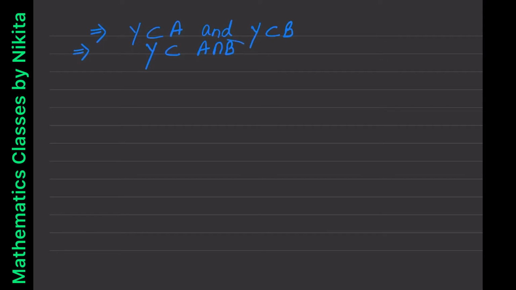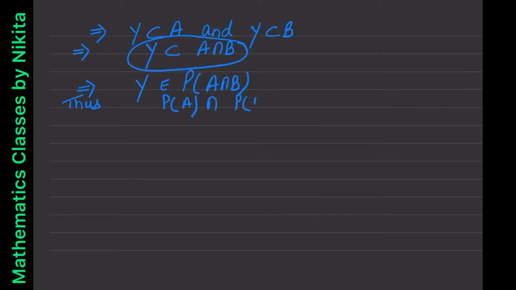Again, a very important step. So from here what we get? That Y is a subset of A intersection B. And this implies that Y belongs to power set of A intersection B. So thus what we get? That power set of A intersection power set of B is contained in power set of A intersection B. So mark this as 2.